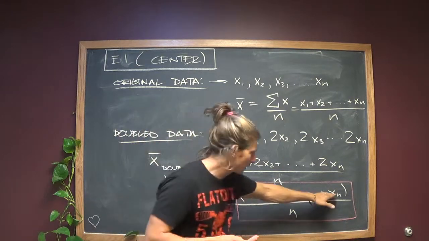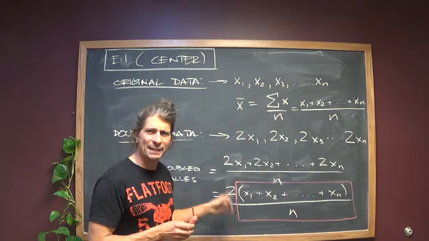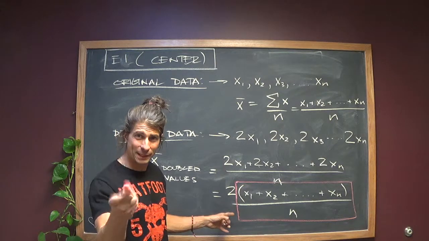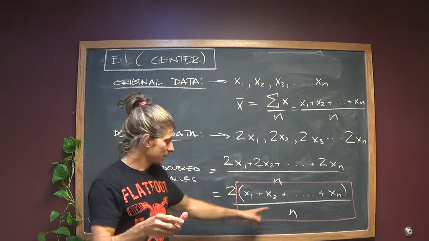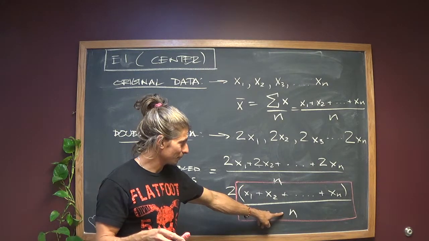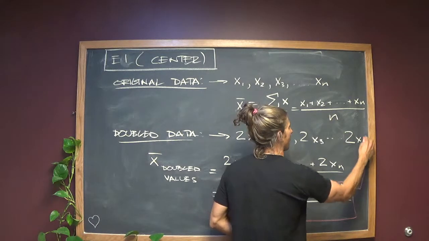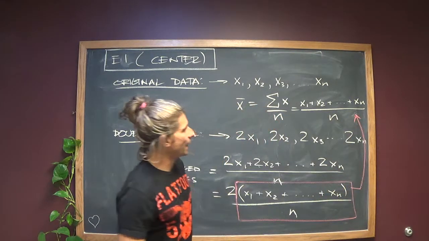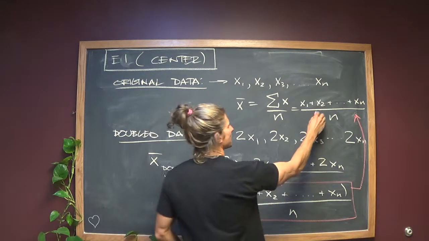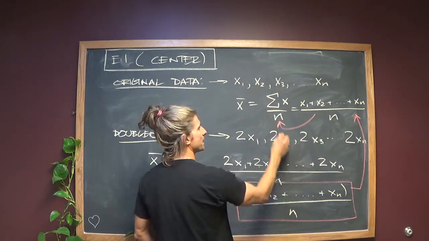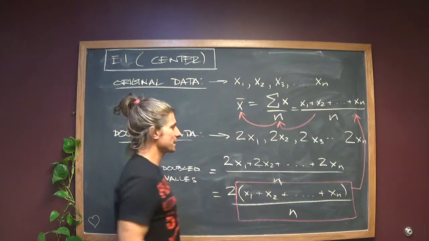That's the sum of all the data points. But it's interesting, it's the sum of all the original data points before we double them, divided by n. That kind of looks familiar, doesn't it? That looks just like the original average.